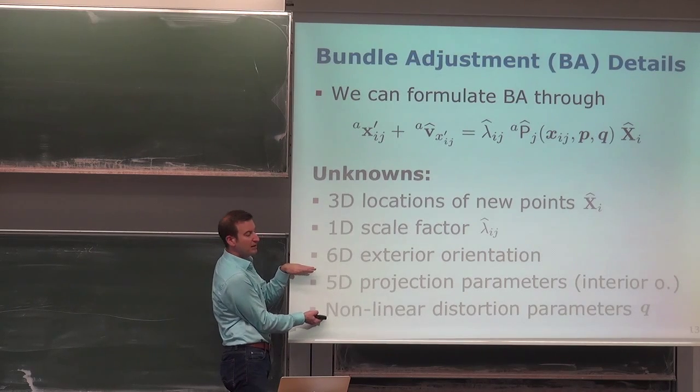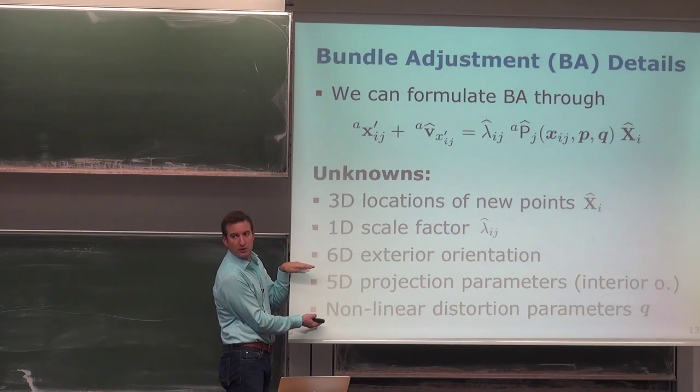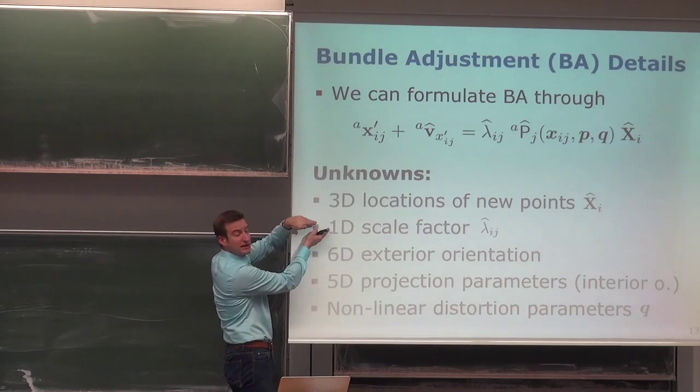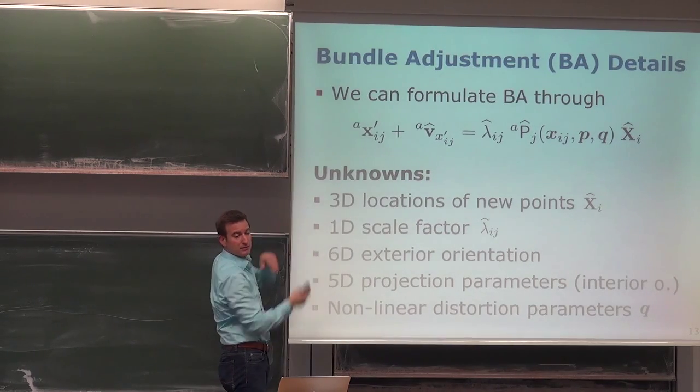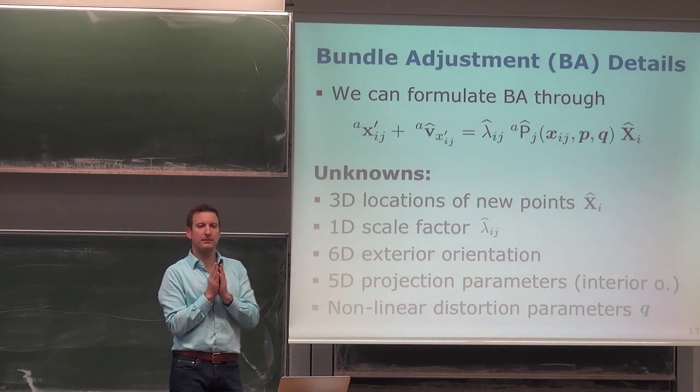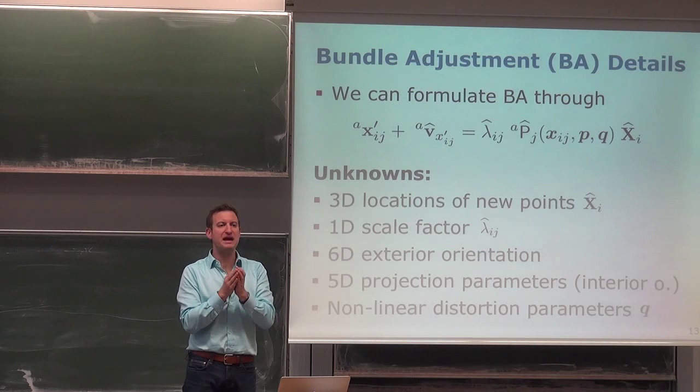So these are parameters which often occur only once for every image, for every point, and every point and image. Okay? So all the unknowns are clear.